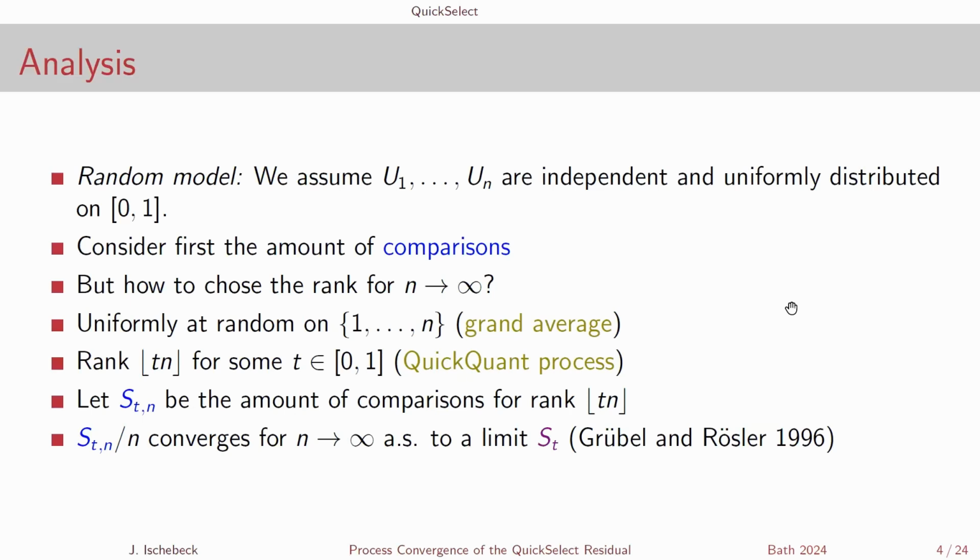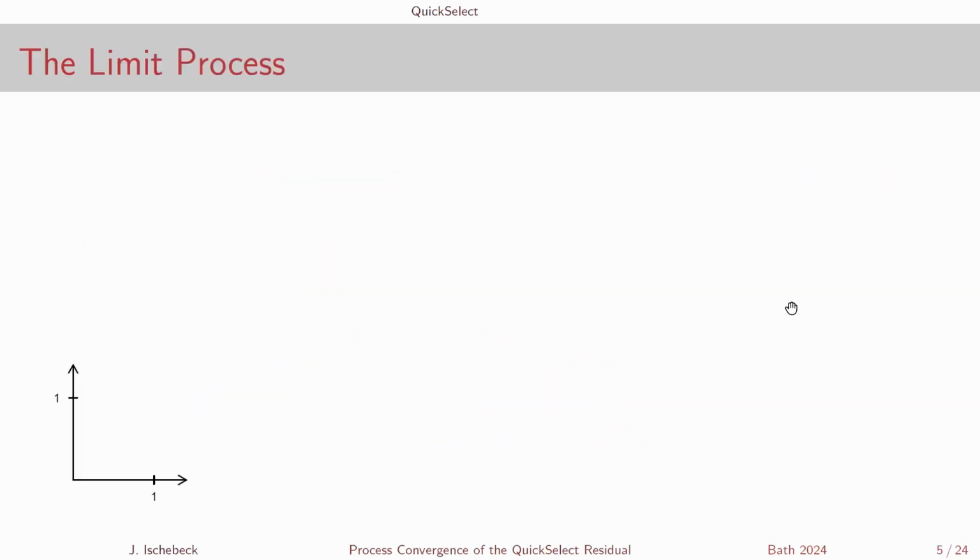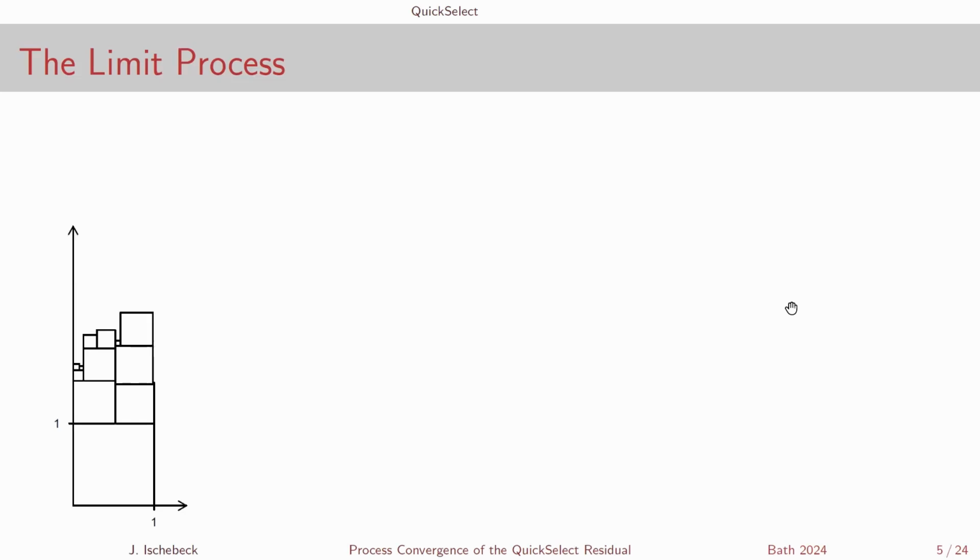And we can easily visualize this limit like this. For the first step, everything has to be compared once. So 1 for everything. And then we split it up, and the left part gets compared with everything in the left part, the right part gets compared with everything in the right part, so we get squares, and each of the squares is then split again into another square at a uniform place, and so on, and so on.